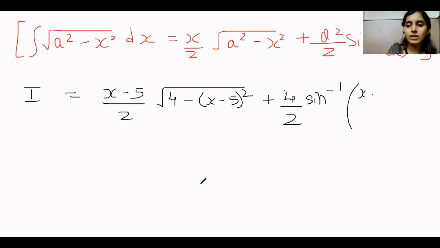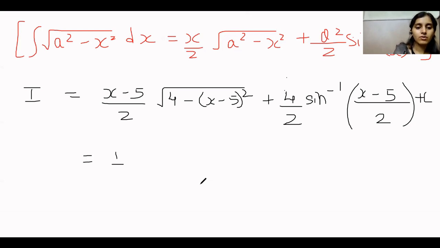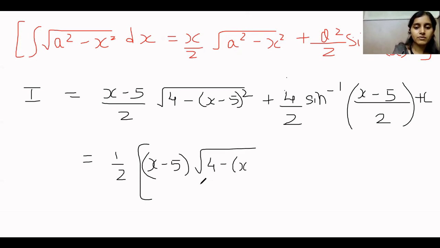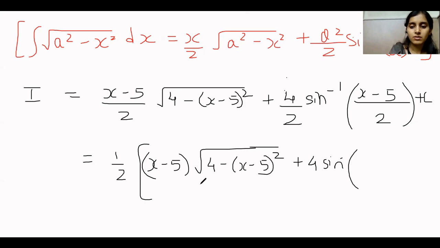So x minus 5 upon a is 2 plus c. Now we can take half common. You can have inside x minus 5 root of 4 minus x minus 5 the whole square plus 4 sine inverse x minus 5 upon 2, plus c outside. So that is your final answer for sum number 6.